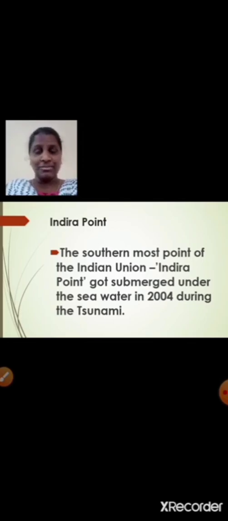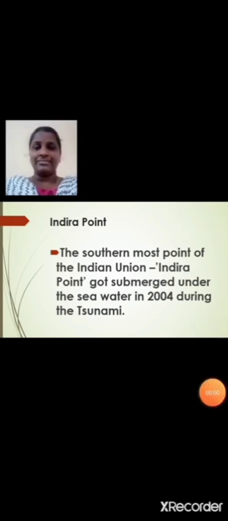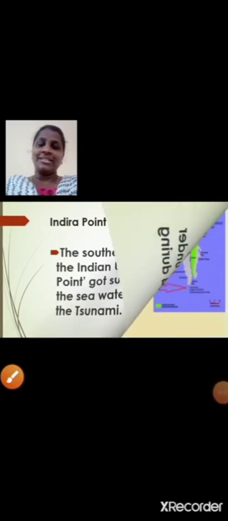So you need to remember this, students. Indira Point got submerged under the sea water in the year 2004 during the tsunami. Let us see the location of the Indira Point, students. Here on this map, you can see the location of the Indira Point. It is located in the Nicobar Islands.